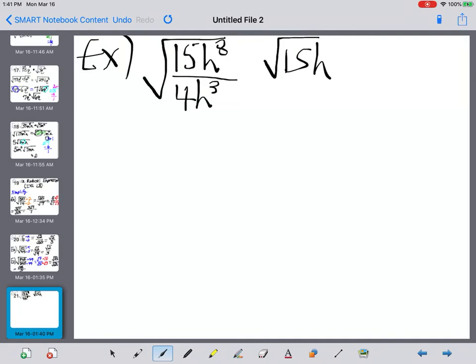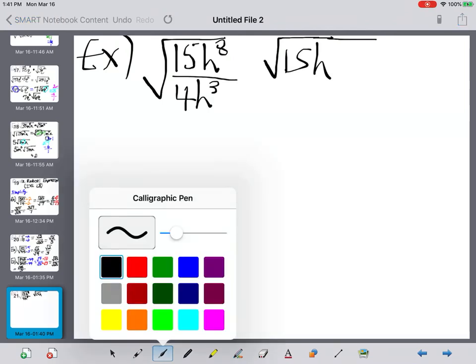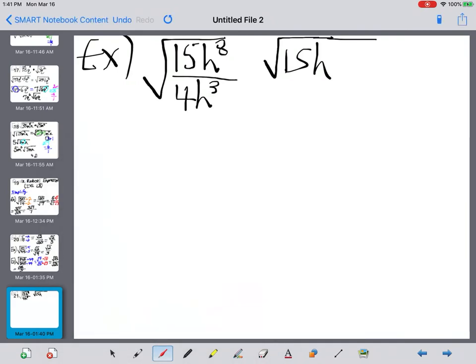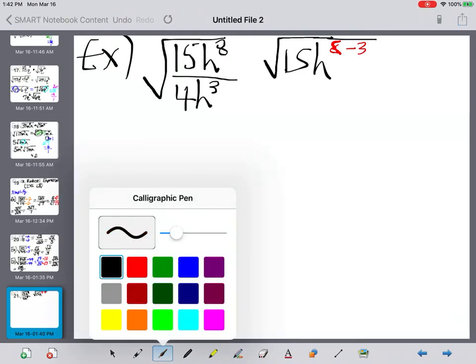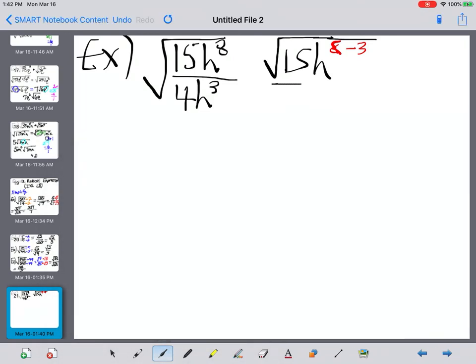Let's extend this over. Okay, so I'm going to have 15h, and then let's show how I'm subtracting exponents. So it'll be 8 minus 3. It's supposed to be an 8, okay? And on the bottom, I'm going to have the square root of 4. And that's really all I got down there, because the h's I moved all to the top.